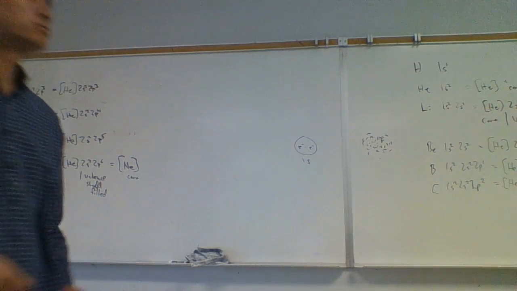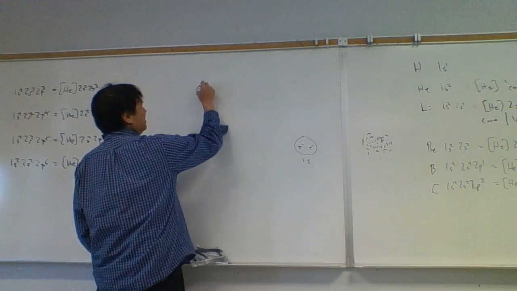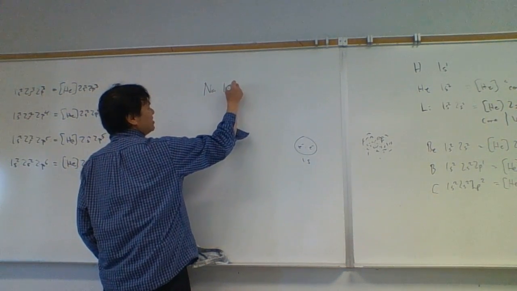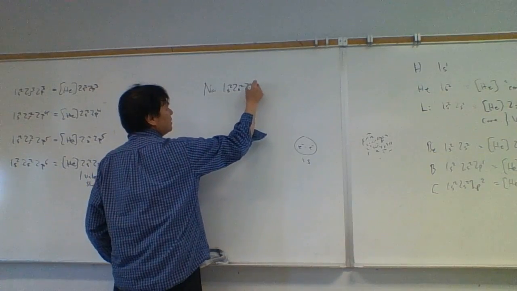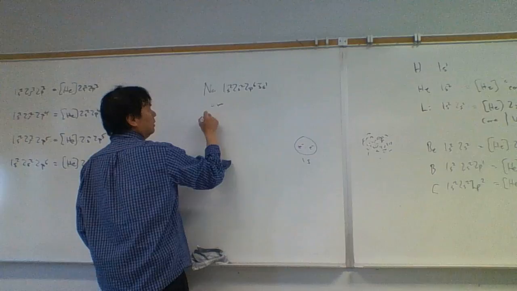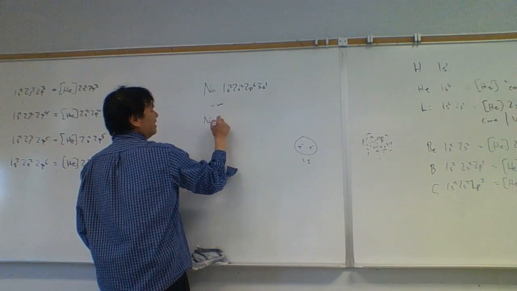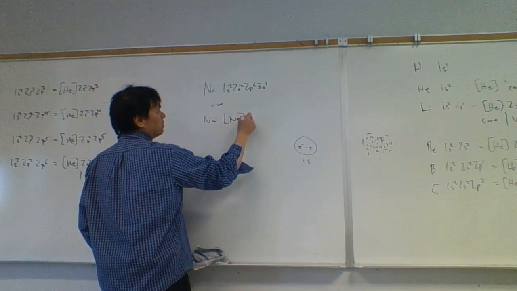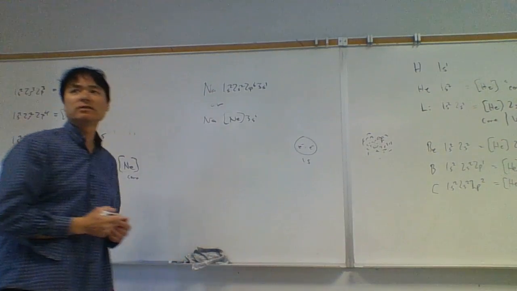For sodium, there are 2 ways of writing it. We could write everything out: 1s2, 2s2, 2p6, 3s1. Or we would just write that it has the neon core and the 3s1 valence, which is 1 valence electron.